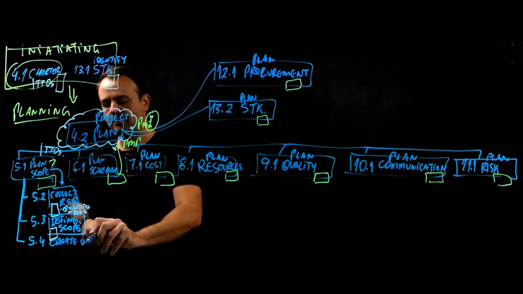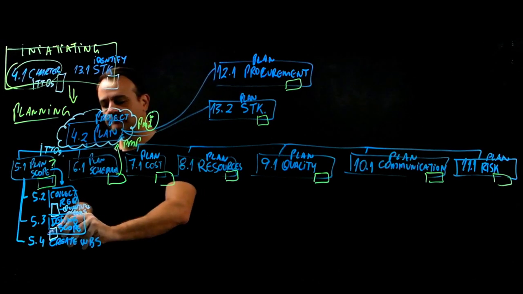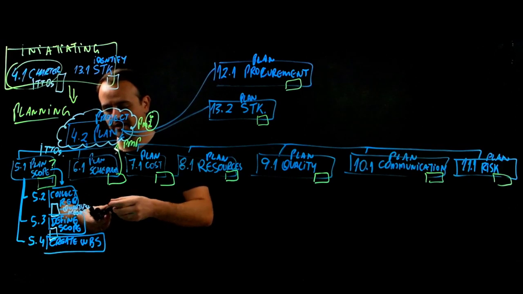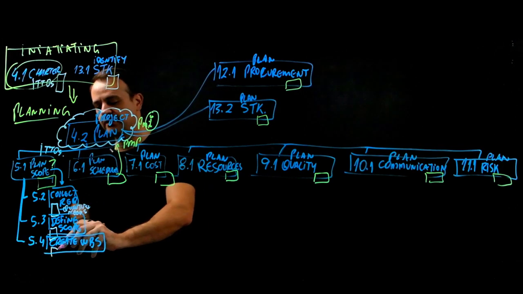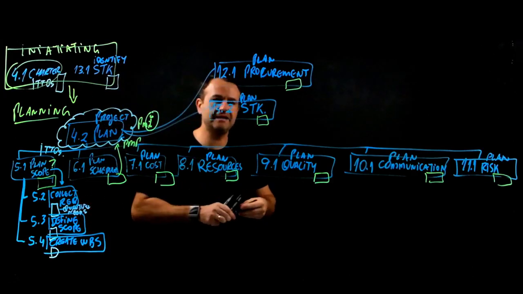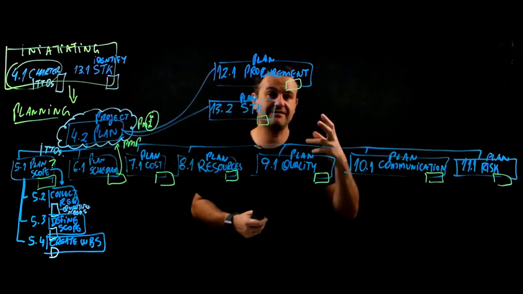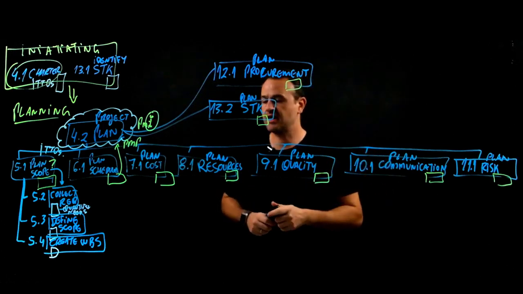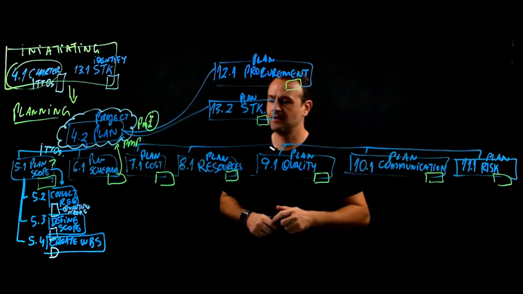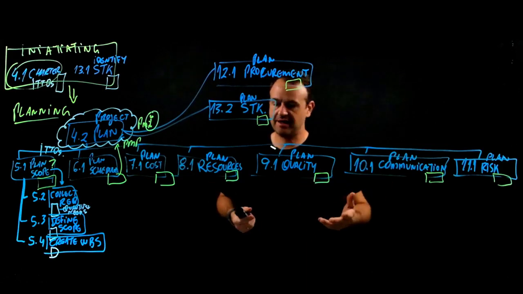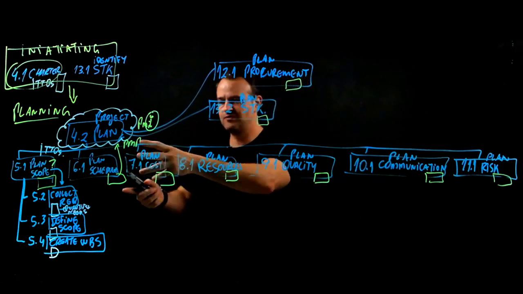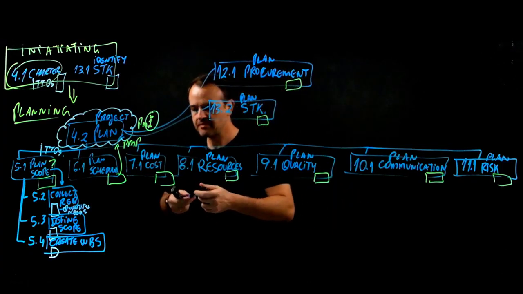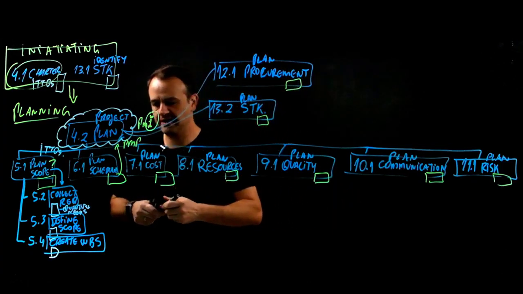A WBS, or work breakdown structure, is a hierarchical representation of all the project deliverables, all the project work. You have the phases, you have deliverables, you have work packages, and this is organized into a visual way so that we can also move to the schedule, plan costs, plan all the other information by creating this WBS, okay?